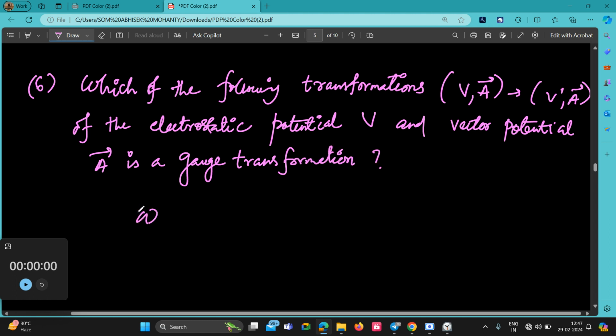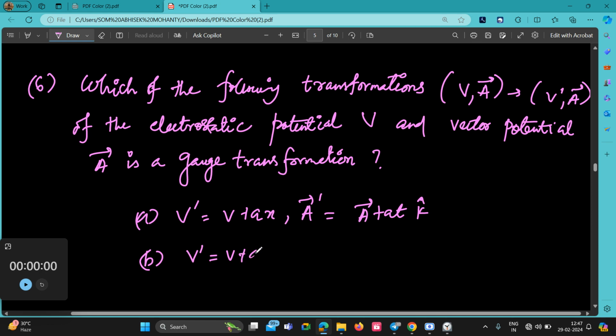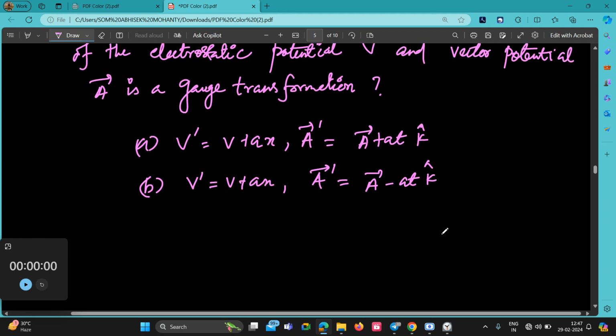Option A, V dash is equal to V plus a x and A dash is equal to A plus a t k cap. Option B, V dash is equal to V plus a x and A dash is equal to A minus a t k cap. Option C, V dash is equal to V plus a x and A dash is equal to A plus a t i cap.